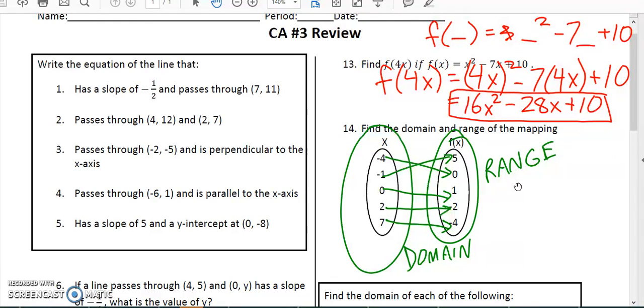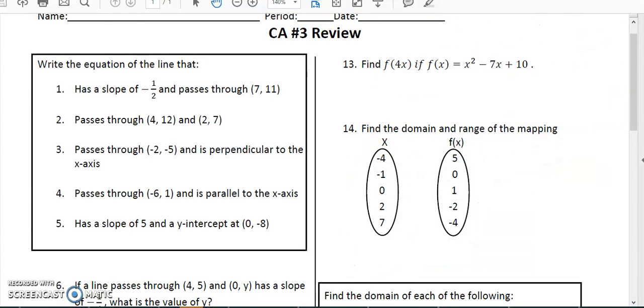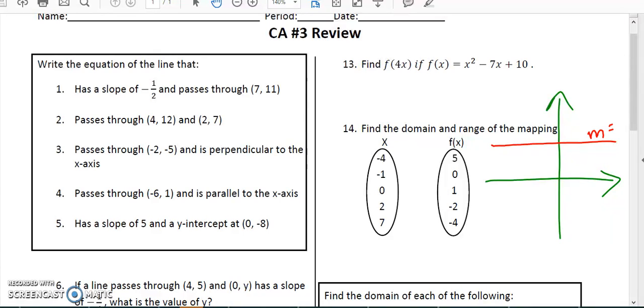By the way, while I'm thinking about it, you need to know different kinds of lines and different slopes of lines. For instance, if you're asked to draw a line with a slope of 0, a slope of 0 is horizontal, so this would be this, so m equals 0.